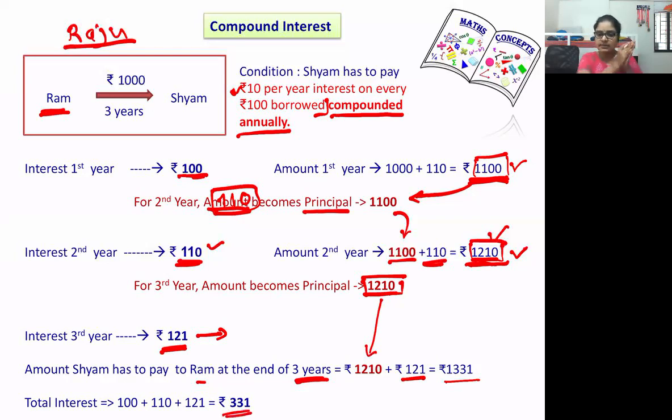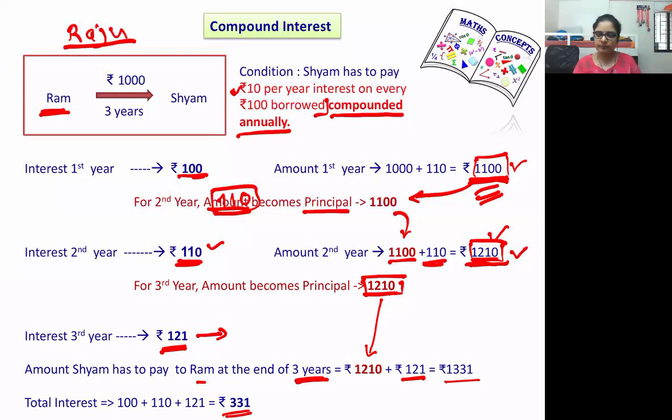In the earlier case of simple interest, it was 300 only: 100 rupees first year, 100 rupees second year, 100 rupees third year. So all 3 years he had to pay the same interest. Here the interest changes as the principal changes. Did everyone understand this?